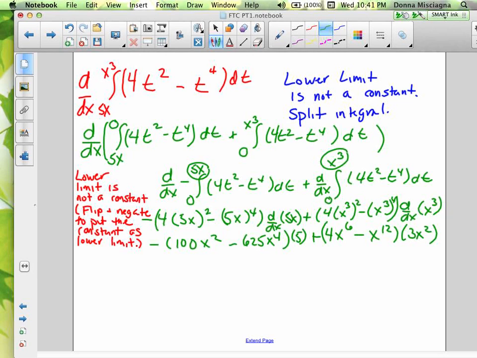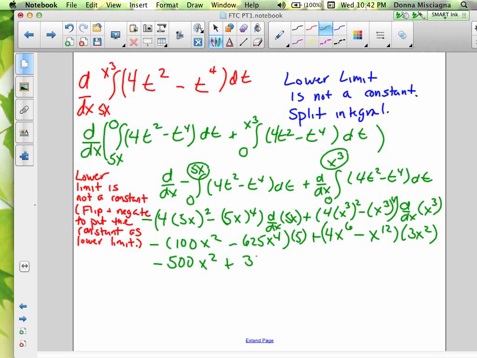All right, so let's distribute the negative and the 5. That's going to make this negative 500x squared plus whatever 625 times 5 is. Got the calculator on. 625 times 5, 3125. And it was more than 3,000.